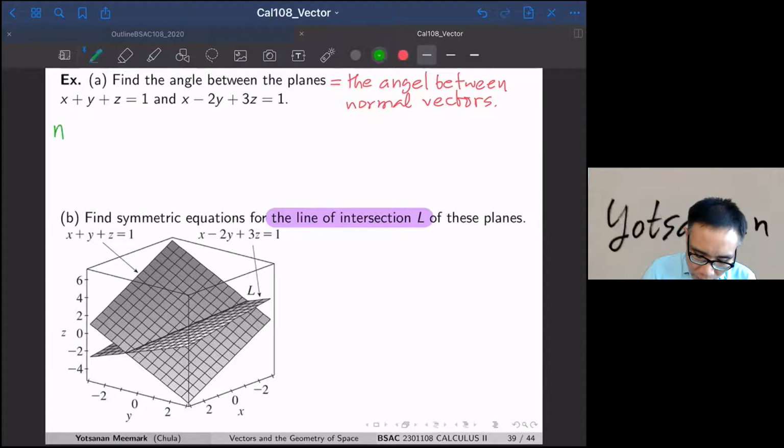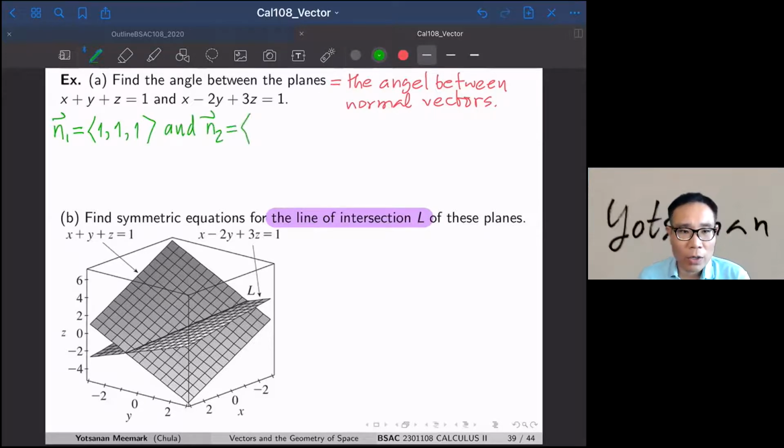So it's going to be n1 from the first plane, and you read this from the coefficients in front of x, y, and z. In this case, it's going to be 1, 1, 1. And you have n2, the normal vector, 1, negative 2, 3.